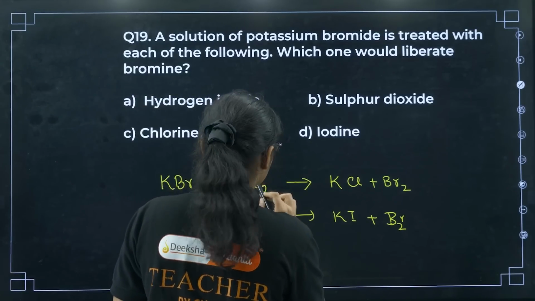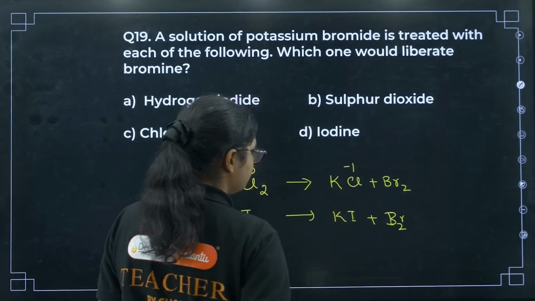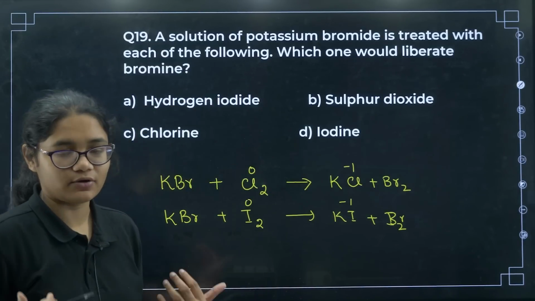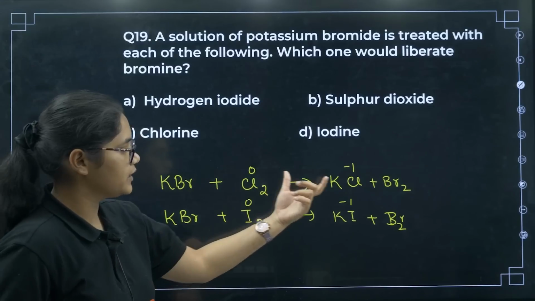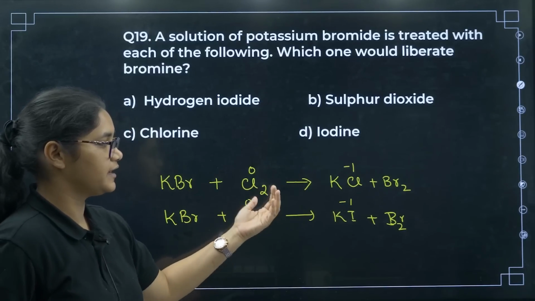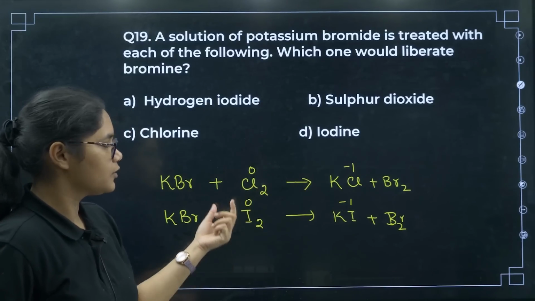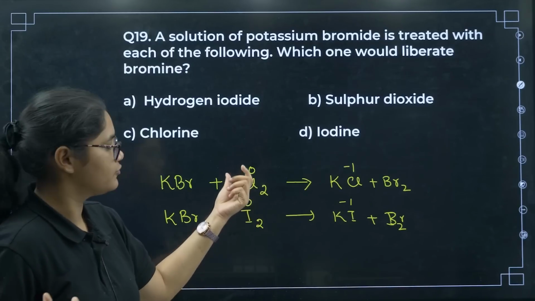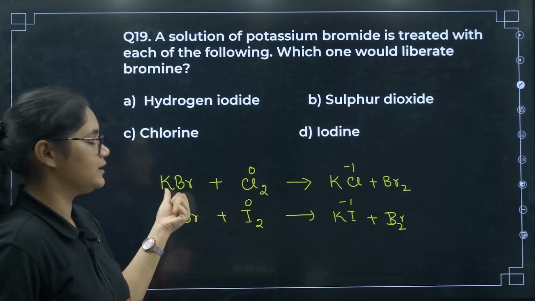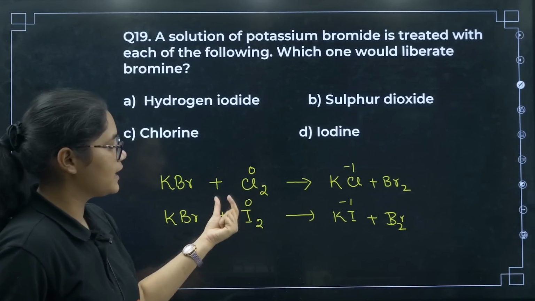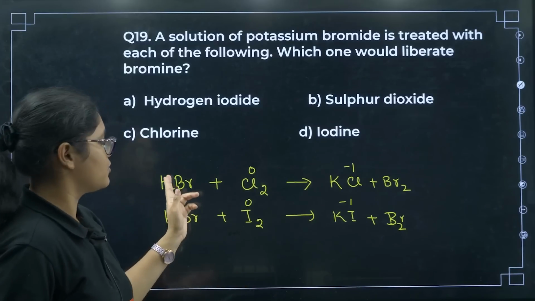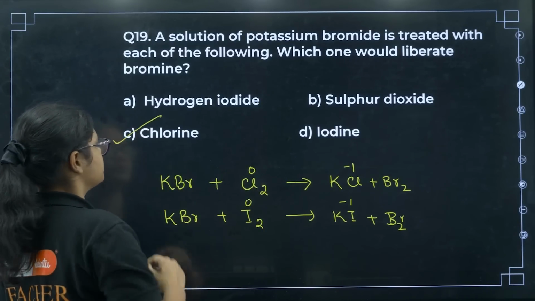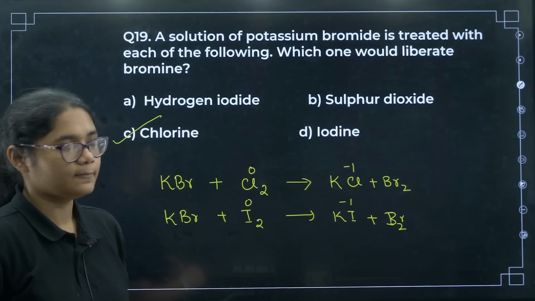If you see, chlorine is undergoing reduction and iodine is undergoing reduction. Reduction means gain of electrons. So out of chlorine and iodine, which one can gain electrons better? Chlorine definitely, because it has higher electronegativity. So chlorine will gain electrons, it can undergo reduction, and the bromide can undergo oxidation. So the correct answer here has to be option number C, that is chlorine.